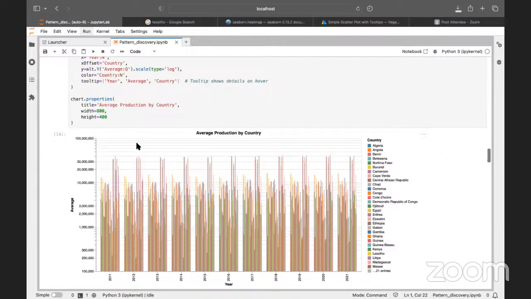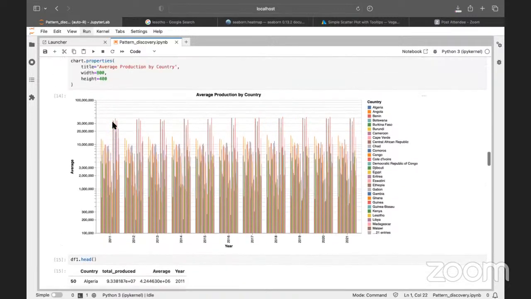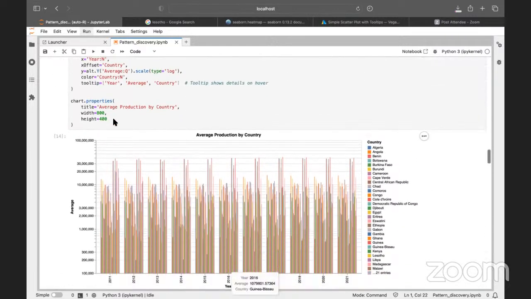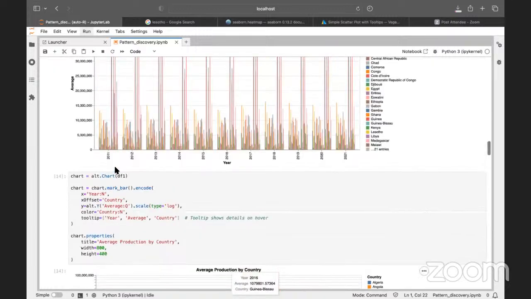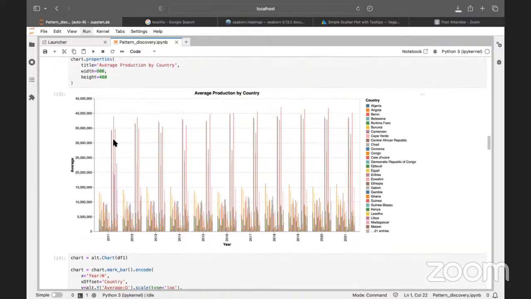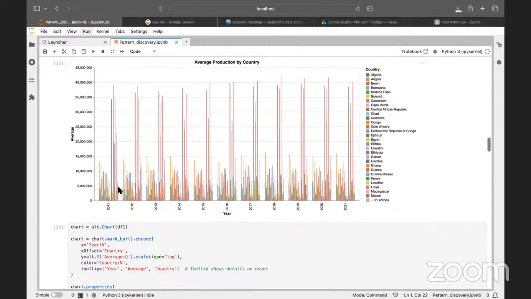And if you observe here, because of the very large production values of one country, it's a bit difficult to track the rest of this.